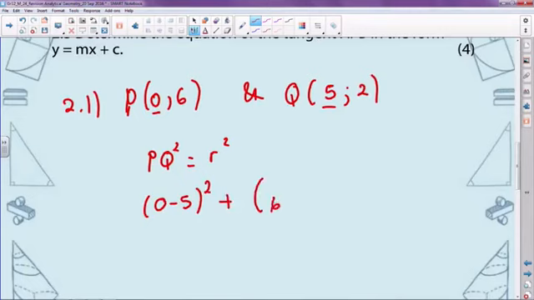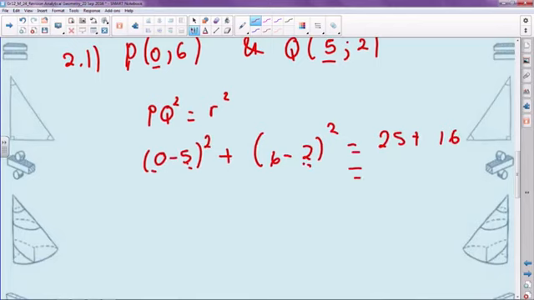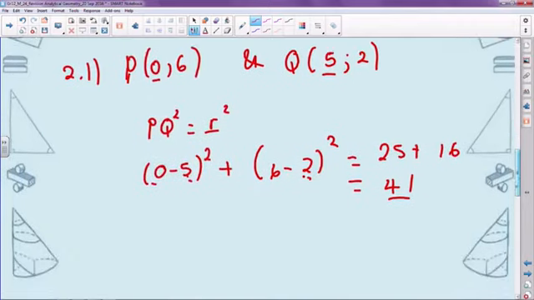So it's going to be (-5)², which is 25, plus 6 minus 2, which is 4. 4 squared is 16. 16 plus 25 will give you 41. Okay, so your radius squared is 41. Obviously, your radius would be the square root of that. We're not going to square root that.